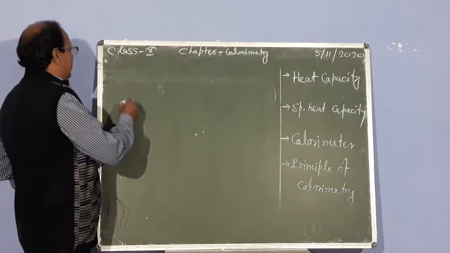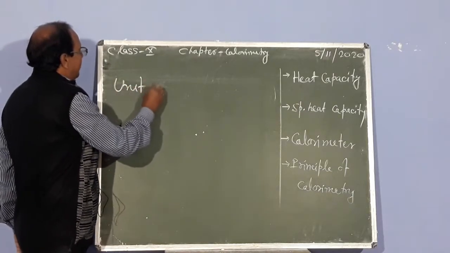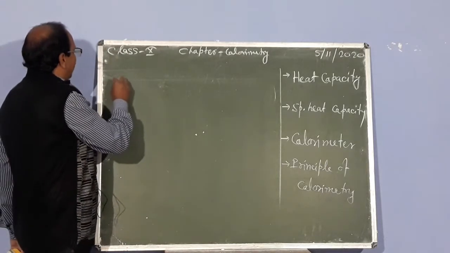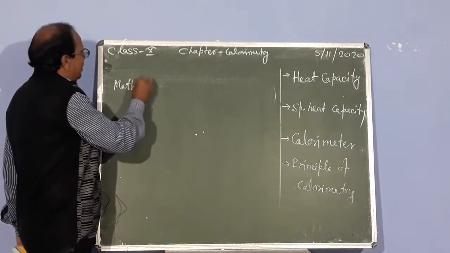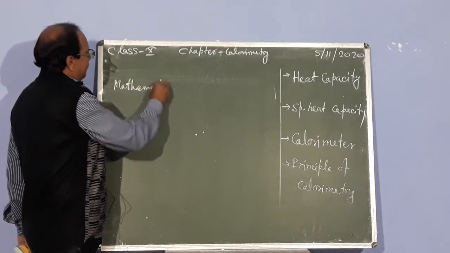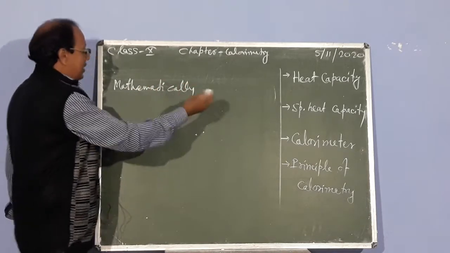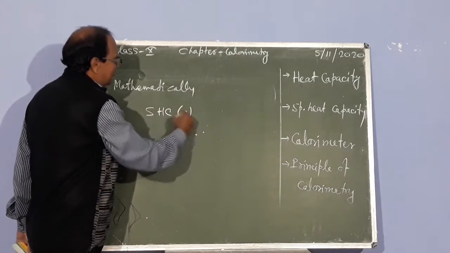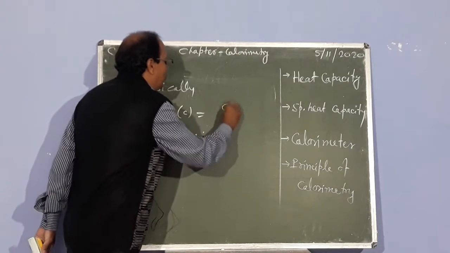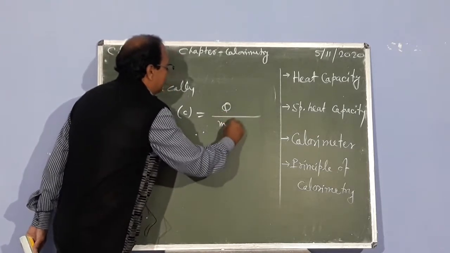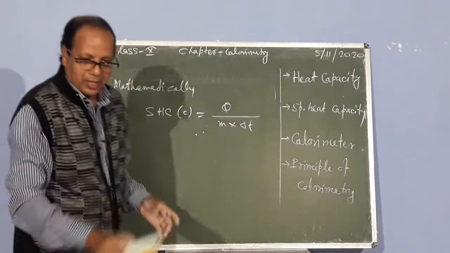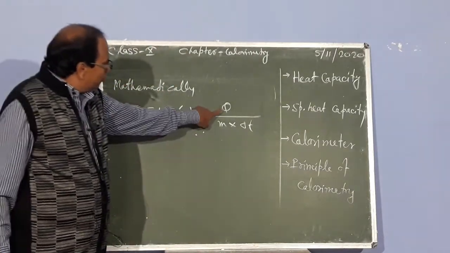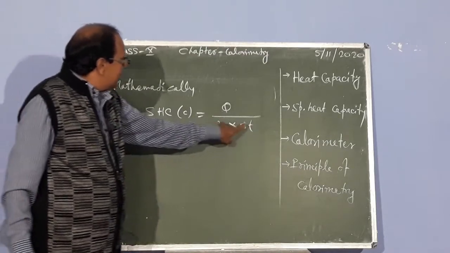Let me discuss the unit. Before we go for the unit, we have to go for the mathematical formula. Mathematically, specific heat capacity, normally written SHC in short form, small c, is equal to Q by m into delta T. From here we can get the unit of specific heat capacity: joule kg inverse Kelvin inverse.